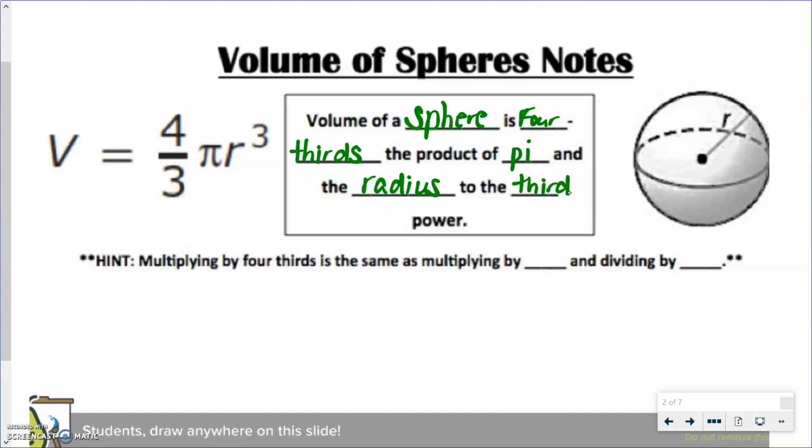Okay. And just a hint to help you guys, multiplying by 4/3 is the same thing as multiplying by 4 and then dividing by 3.